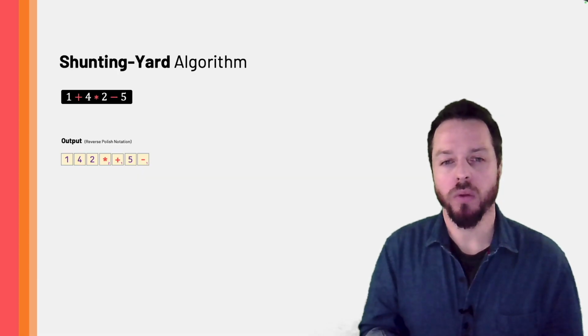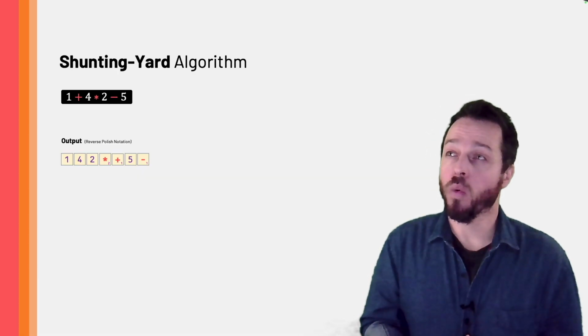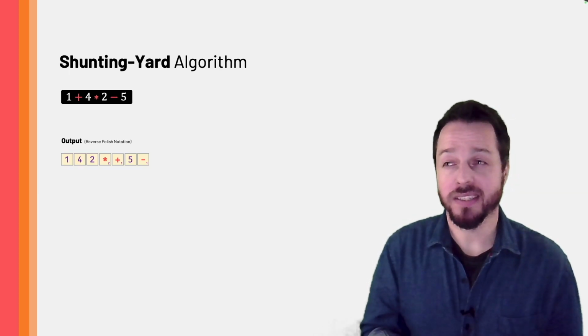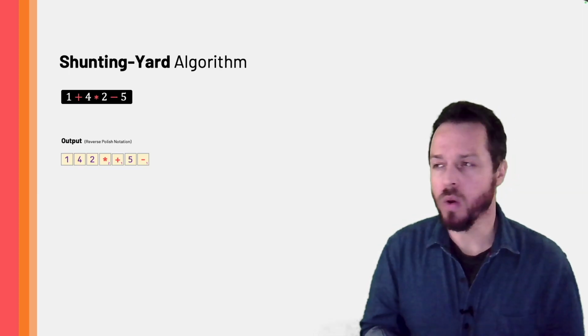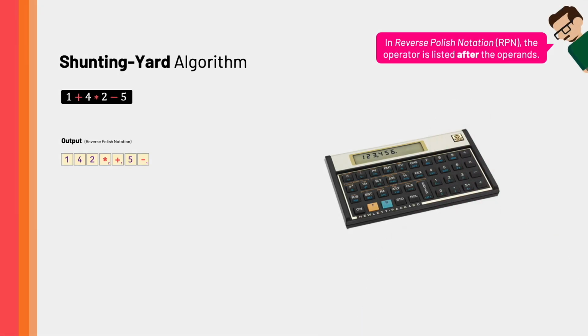But that order right there, I don't know if you guys ever heard of something called reverse Polish notation. If you ever worked with calculators from HP, those old HP 12C, HP 48C, they used to work with this reverse Polish notation. Instead of saying 2 times 3, you used to say 2 enter, 3 enter, times.